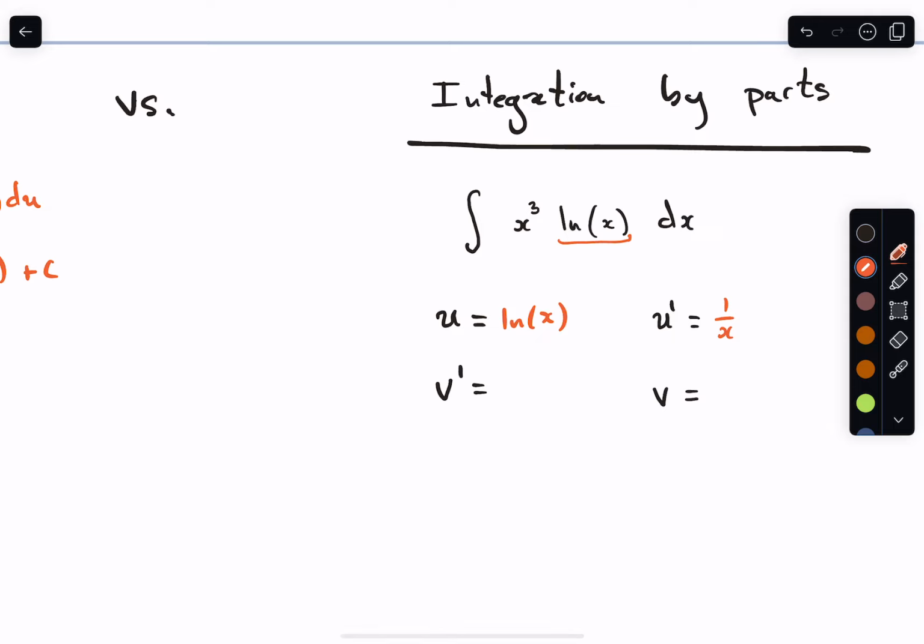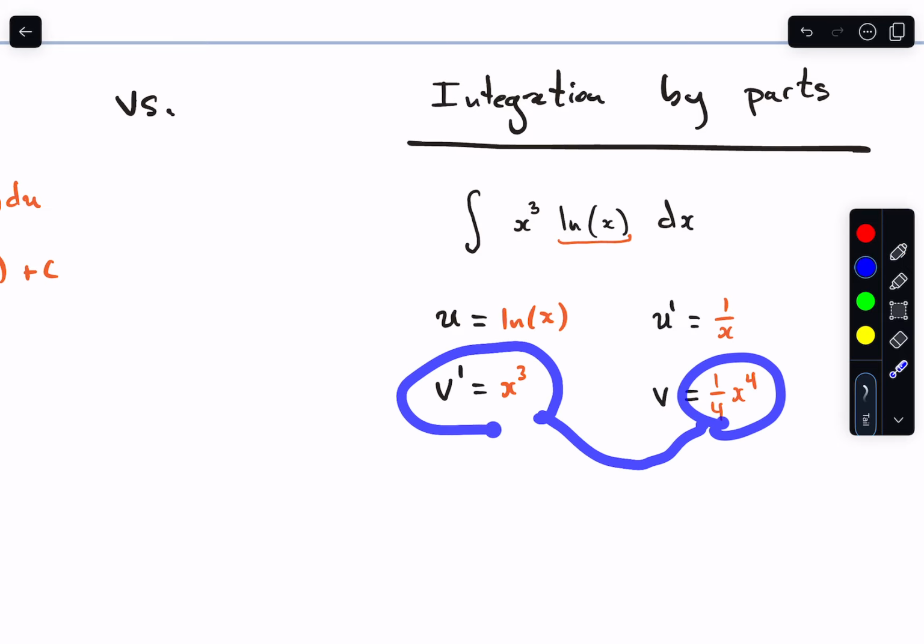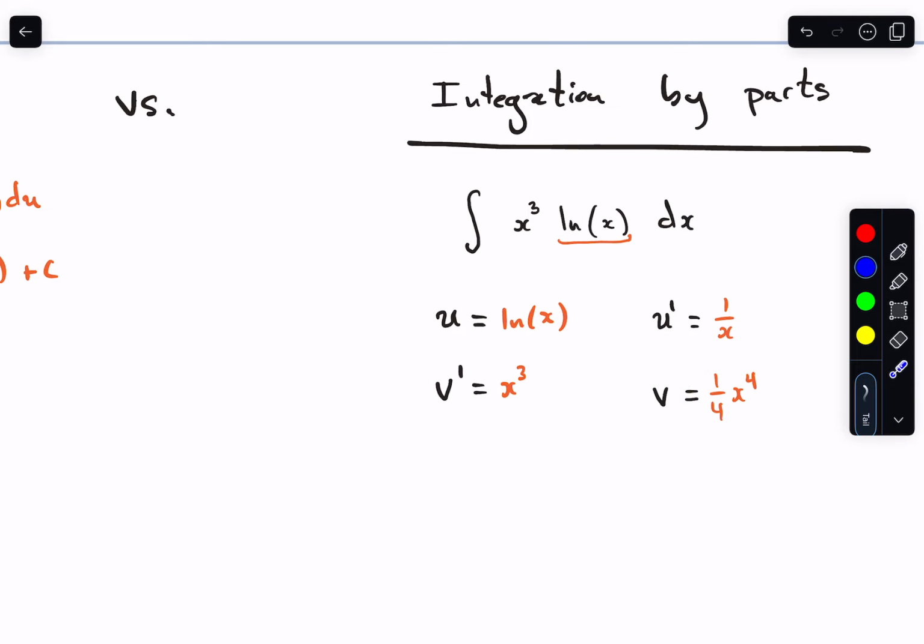There won't be a log anymore. And that means v prime has to be x cubed. So v would be 1/4 x to the 4th power, which is, so here the v is sort of worse, more complicated than the v prime, but that's okay because u prime is much nicer than u. So that's sort of an acceptable trade.